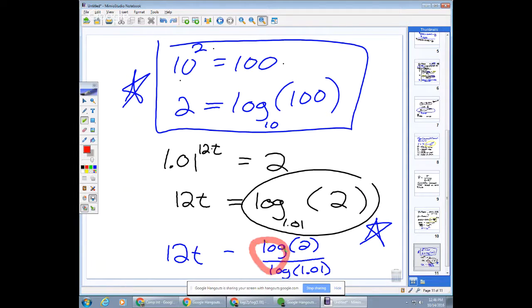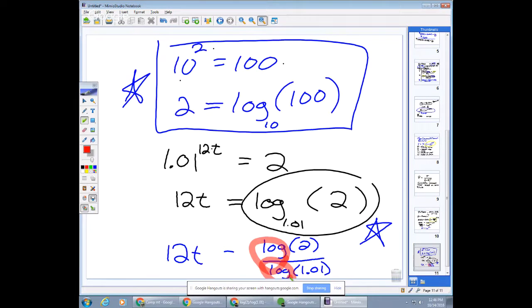As long as these are the same kind of log, it doesn't matter whether it's base 10 or base 5 or base 8 or base pi. As long as they're the same one here and here, it works. So it doesn't matter what kind of log your calculator can do, this switch works, which is kind of crazy.